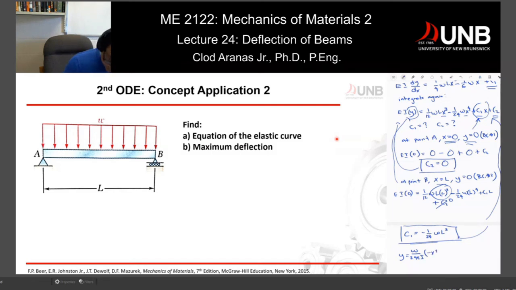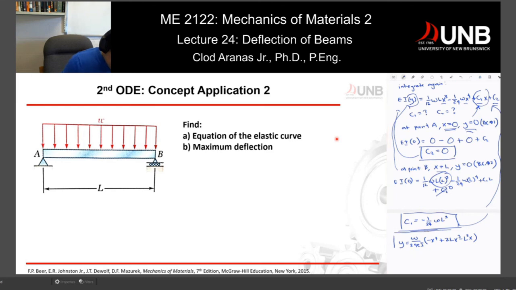So x to the 4th, plus 2Lx cubed, minus L cubed x. And you can see this is my equation, y as a function of x, which means that I can substitute any value of x and determine the deflection at any point of this particular beam.